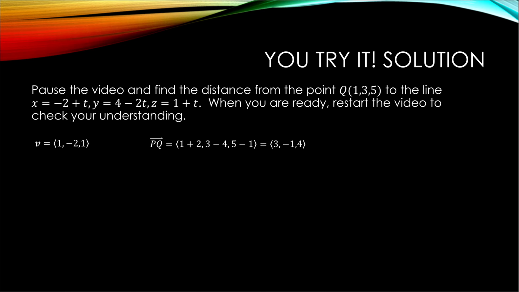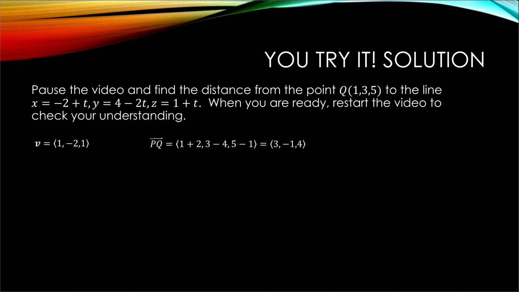Now I can compute the cross product V cross PQ using the determinant of a 3 by 3 matrix, as we've always done. I get a vector that's written as -7 i hat minus j hat plus 5 k hat.